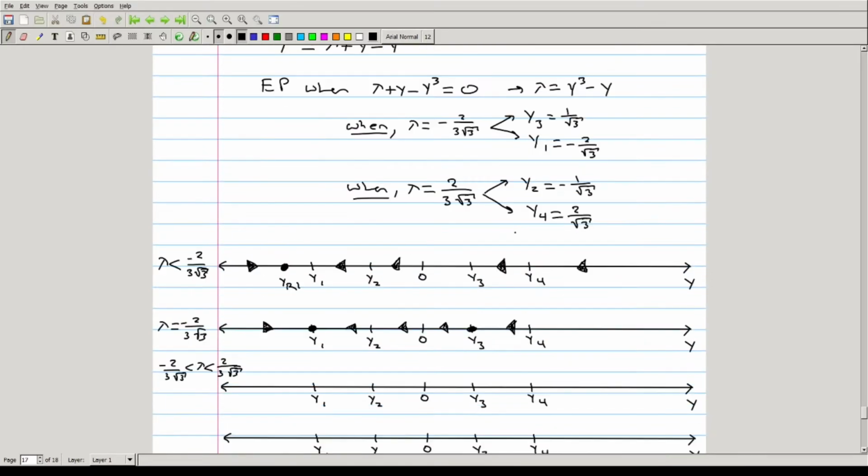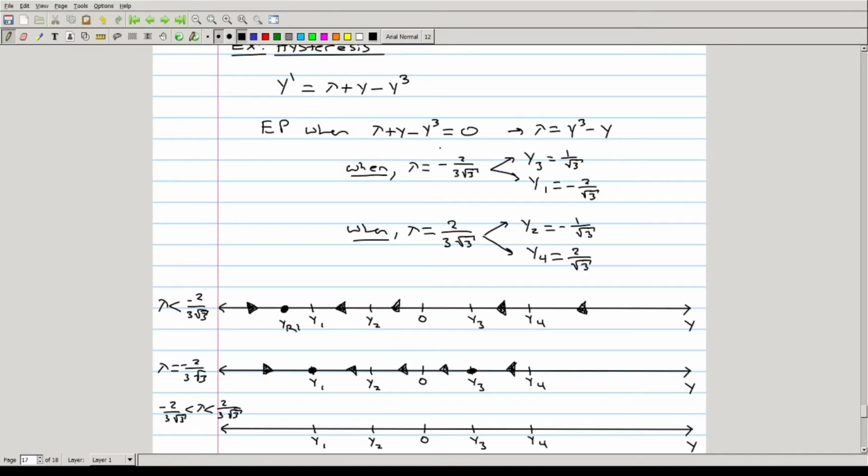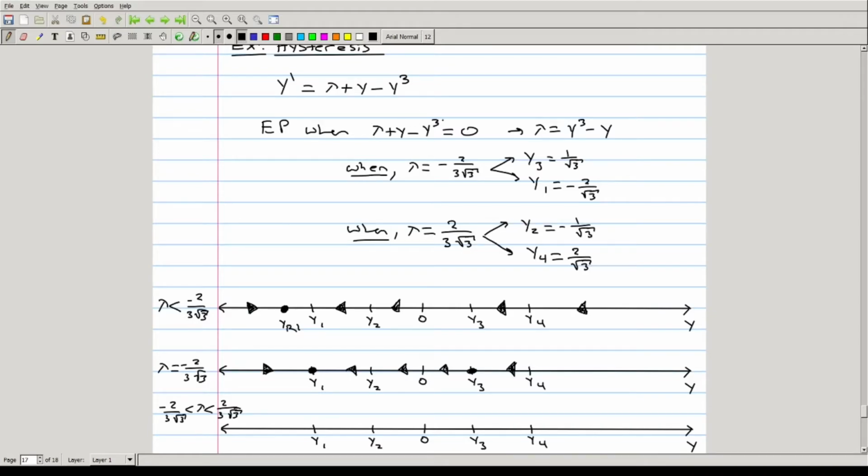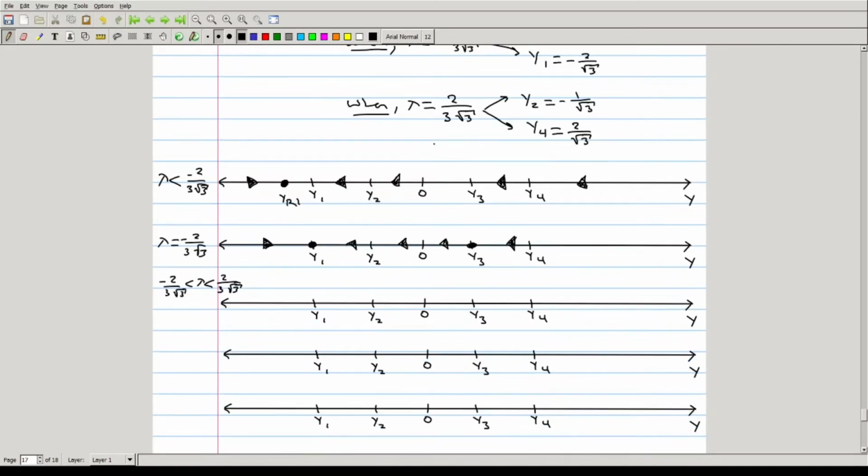You can go through and use the cubic formula to show this. That when lambda is between these two values, this equation has 3 real roots.